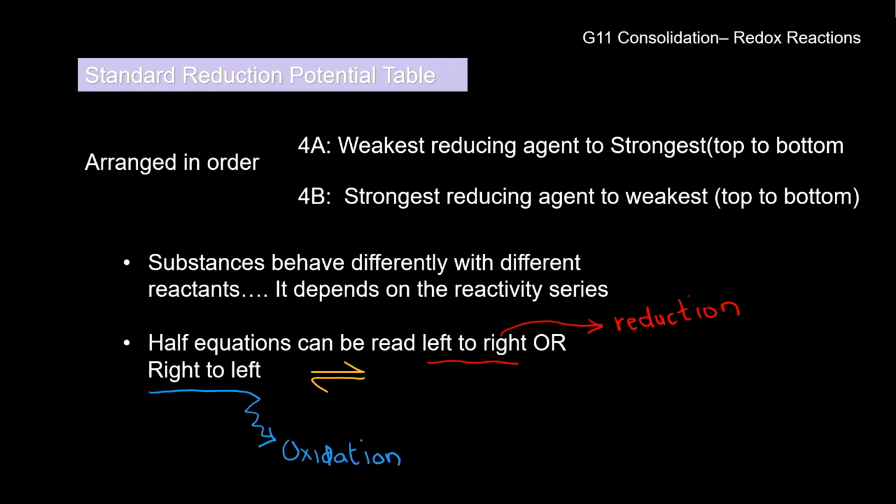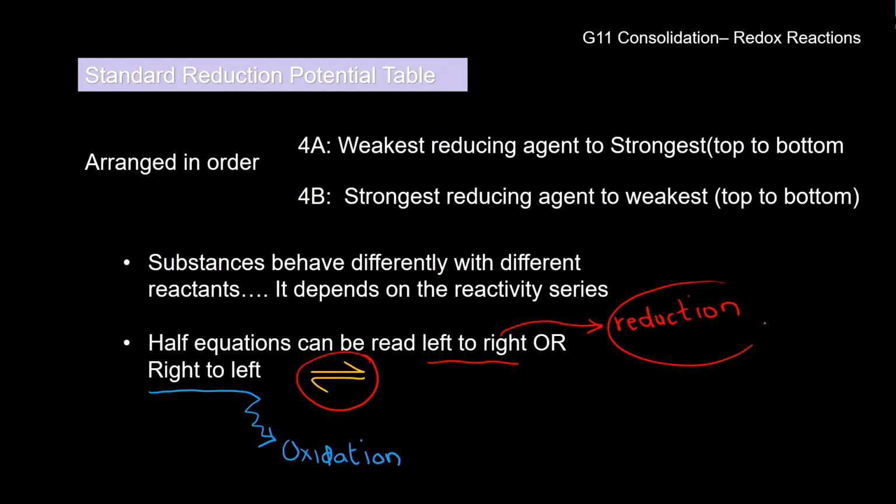Then on this table, you'll see that there is a double arrow on these reactions. We're going to have a look at it in a moment. And that means that you can read this reaction from either way. You can read it from left to right, or you can read it from right to left, depending on what is happening. So if you're reading it from left to right, it is the reduction reaction that you are reading.